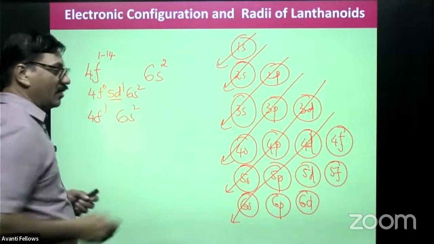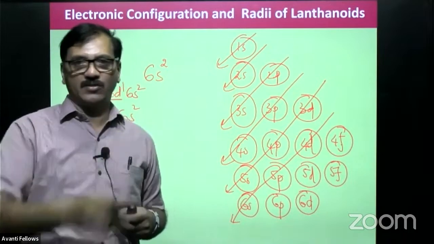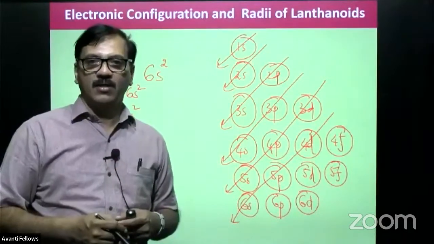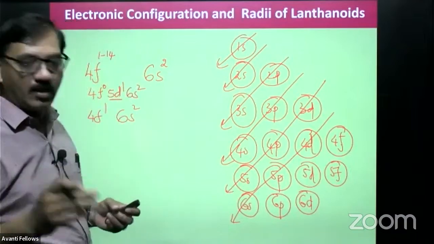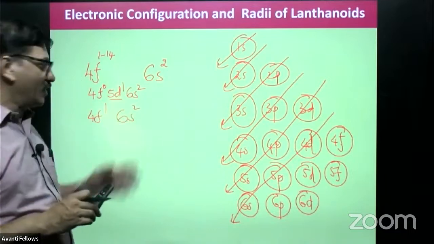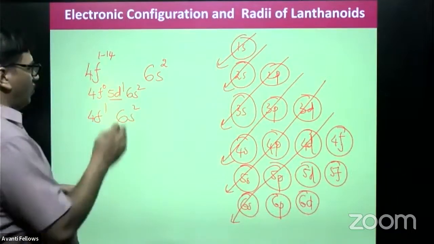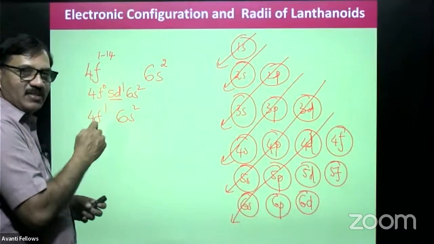The electron is in the 5d orbital, therefore it is considered a d block element and placed after lanthanum. From cerium onwards, it is kept as the lanthanoid series. Lanthanum itself is the anomaly.